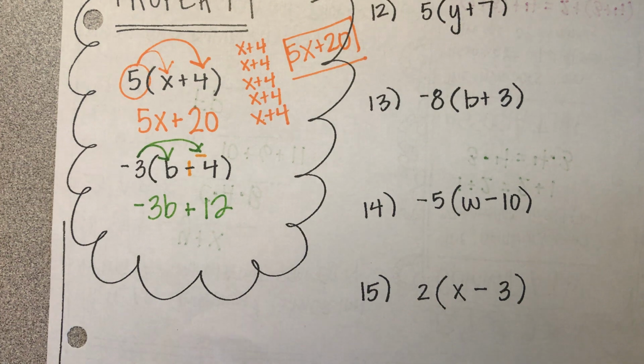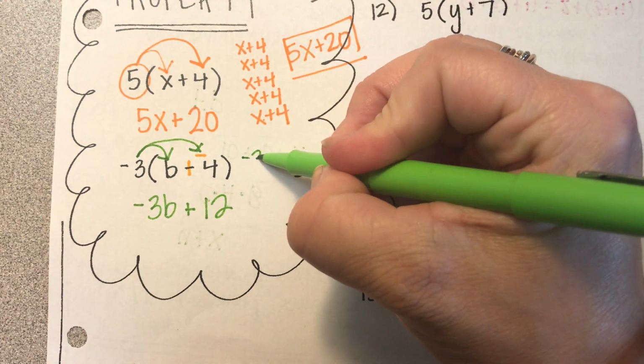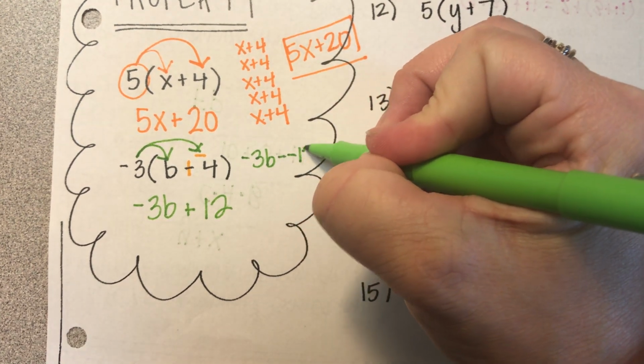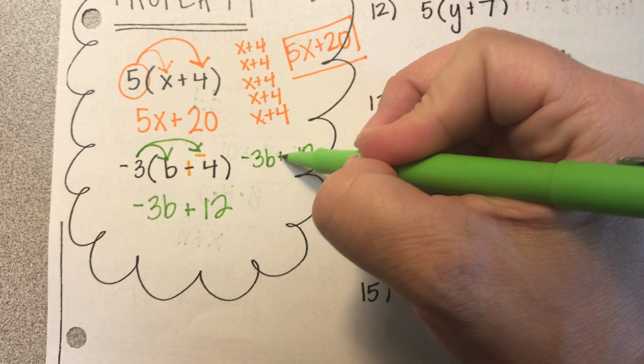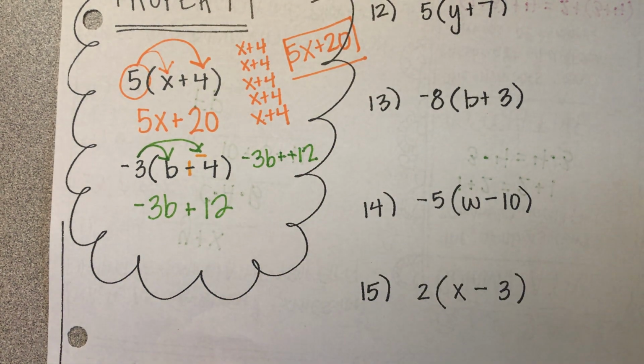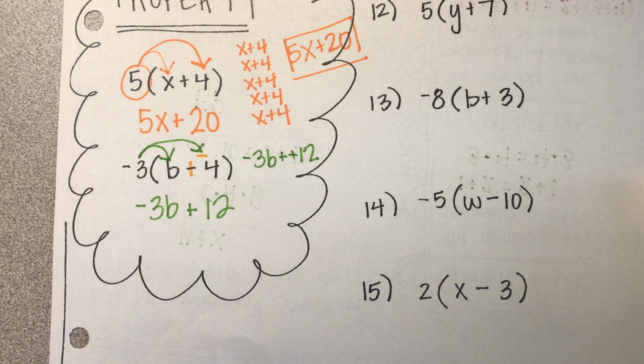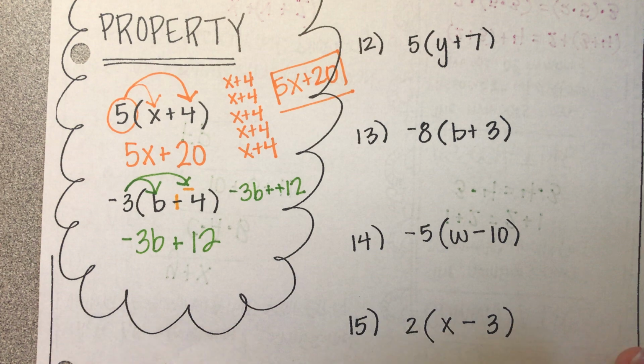Positive 12. The reason I had you change the signs is because if we hadn't, you would have ended up with negative 3b minus negative 12, and that's a little redundant, and we'd have to realize that's plus positive, which is the same. So I think it's easier just to change the sign on subtraction if you have a negative outside.